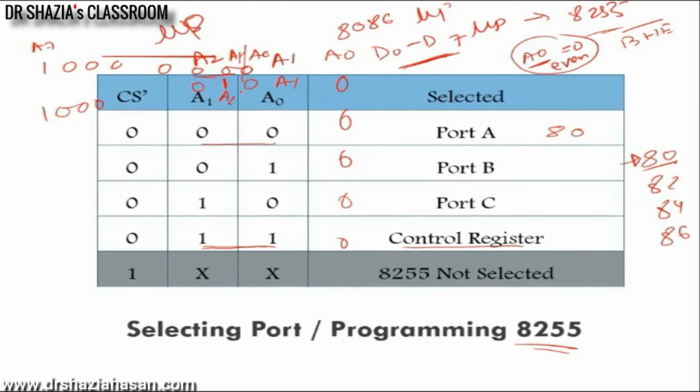Instead of generating 81, we actually generated 82 as the port address for port B. When it is 10, we generate 84 as the port address for port C. When it is 11, we generate 86H as the address for the control register. I will not call it a port address; it's an address.